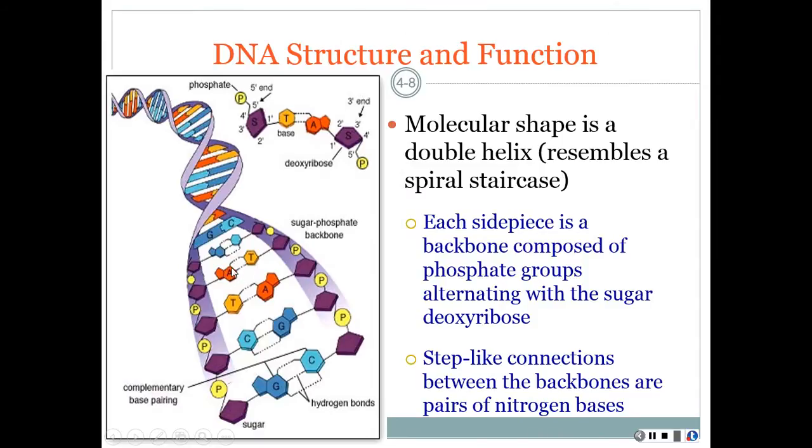When adenine and thymine bond, they have a double hydrogen bond, signified by these lines: this is one hydrogen bond, and there's a second. When cytosine and guanine pair, you have three hydrogen bonds, which keep them together. The adenine-thymine and cytosine-guanine combinations are called base pairs.